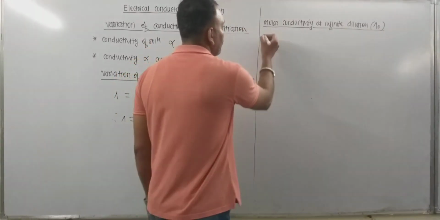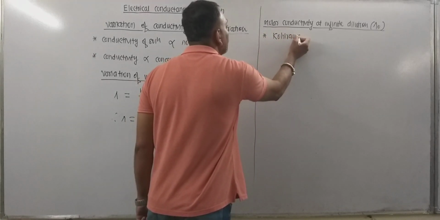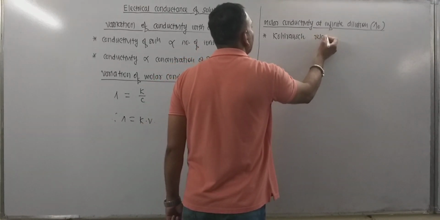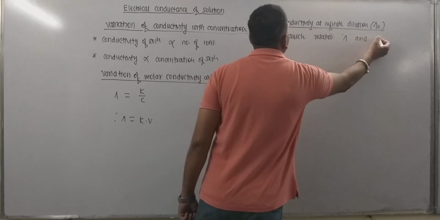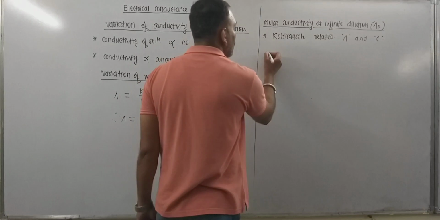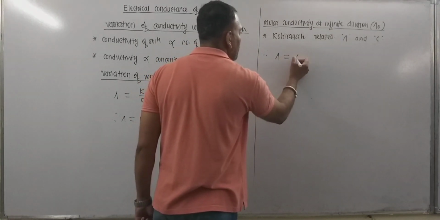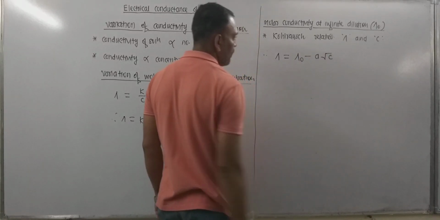Now remember, Kohlrausch was a worker who related molar conductivity and the concentration of a solution. So Kohlrausch suggested a relation which can be given as lambda is equal to lambda naught minus a root c.